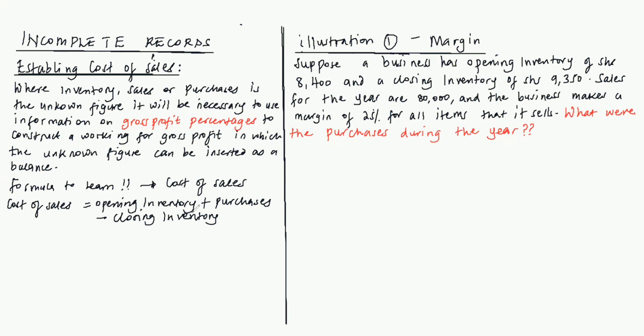Now, there are two different terms that may be given to you in the exam for the calculation of profits. What are these two terms? We have what we call markup. You need to know what markup is.